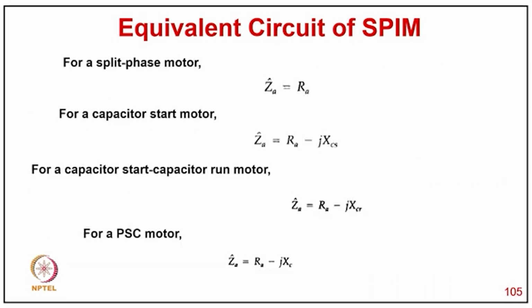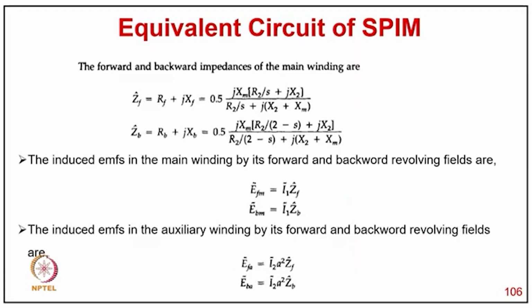So for the split phase motor Z equals RA, for the capacitor start motor Z equals RA minus jXCS, for the capacitor start capacitor run motor Z equals RA minus jXCR, and for the permanent split capacitor motor Z equals RA minus jXC.